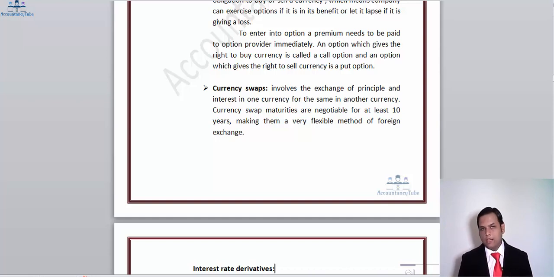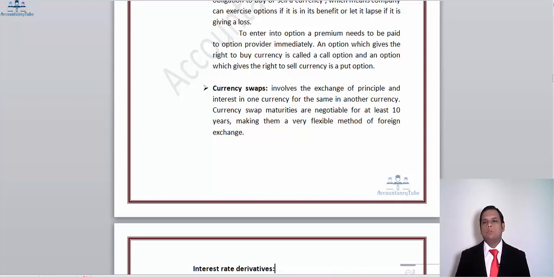Now, here what happens is that a company in the UK takes out a loan in UK currency and a company takes out a loan in US dollar currency. Both loans are, you can say, of the same amount, with an exchange rate fluctuation of course, and of the same duration.